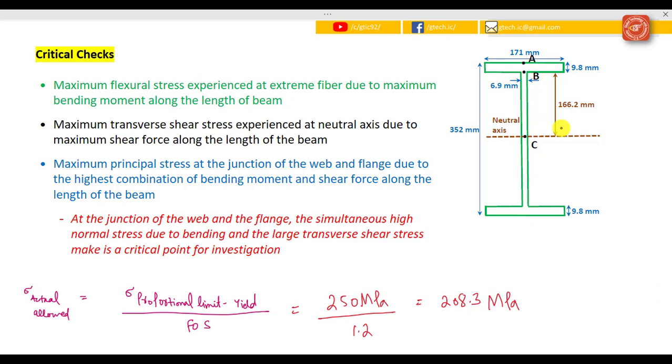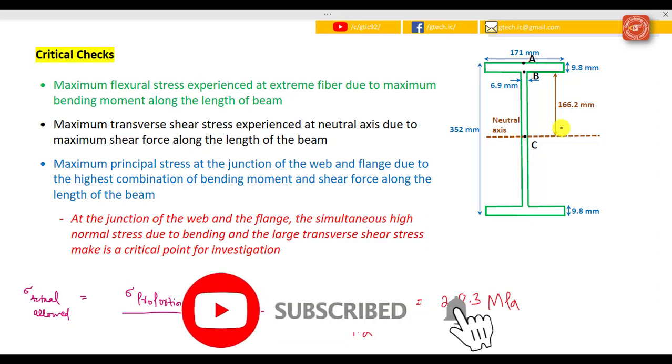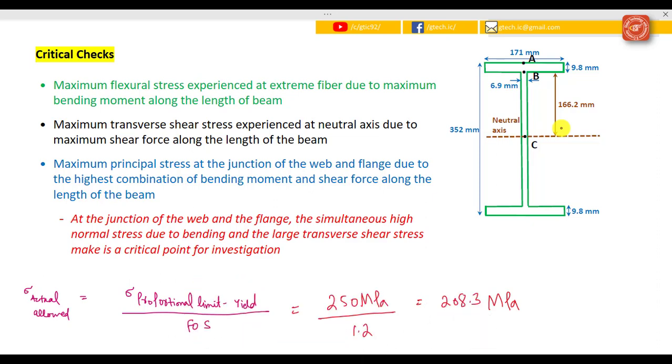We said that our allowed normal stress is going to be the yield normal stress divided by the factor of safety, which was 208.3 megapascal, but we are designing based on the shear stress, since we are using this simple tension test as being indicative of more complex loading. We already defined these terms above.